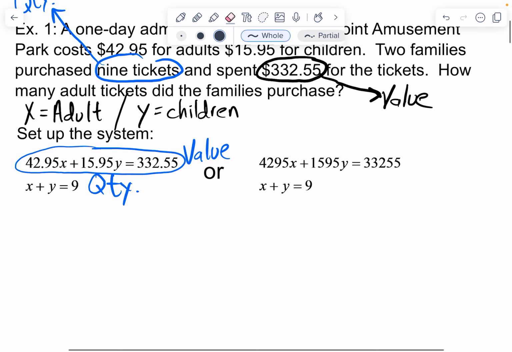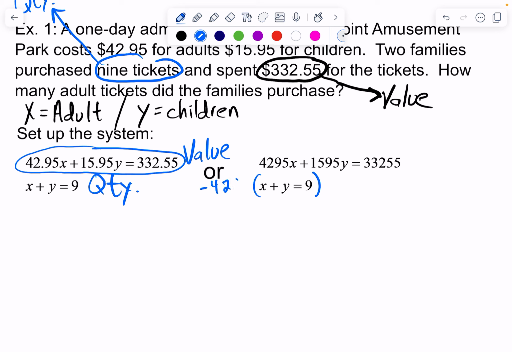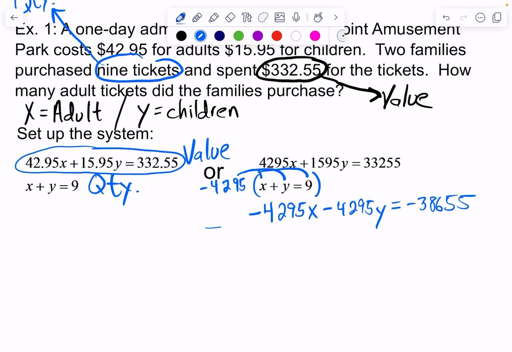Let's go ahead and solve using elimination because they're both in standard form. I'm going to go ahead and eliminate the x's by multiplying 4,295 to everything here, giving me negative 4,295x minus 4,295y equals negative 38,655.